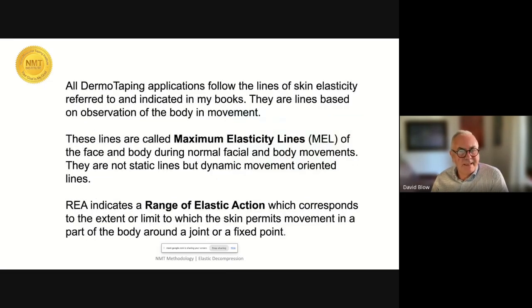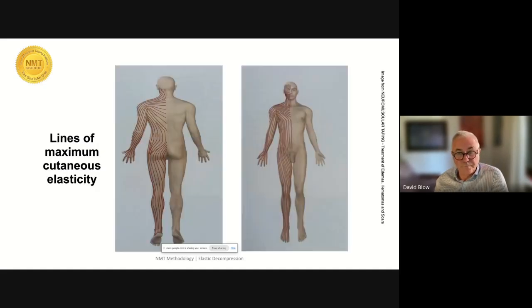Creation means skin elastic features, maximum lines of skin elasticity, as I outlined before, but also we have a range of elastic action, which means over a joint, we have the skin which has a maximum line, but also has a range of elasticity due to the underlying rotation of the joint, or flexion, extension, and inversion, eversion of the joints. So these lines are pretty simple.